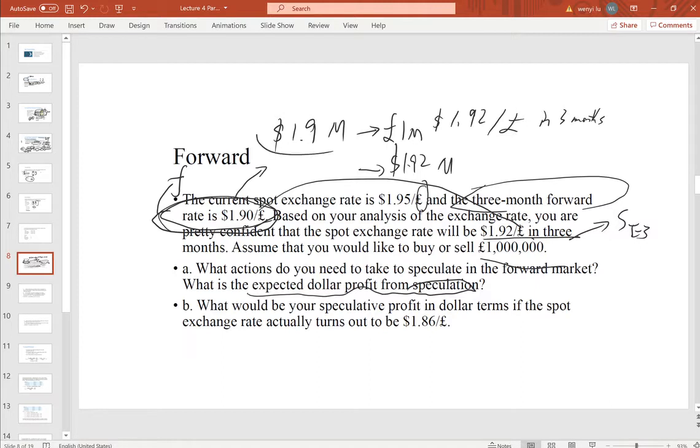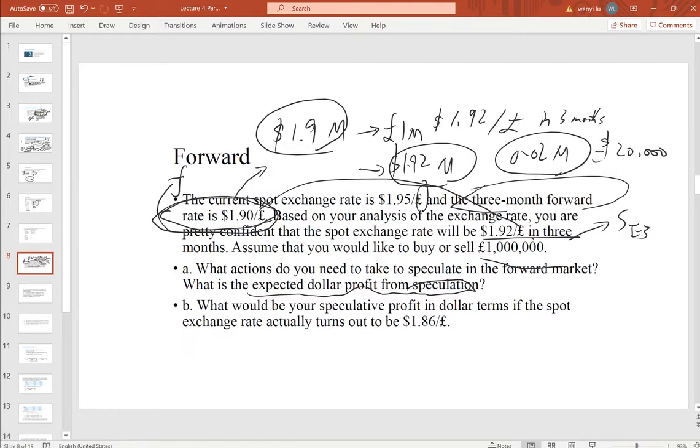So from your investment, the difference will be 0.02 million. That's your net profit from this speculation, equal to $20,000.